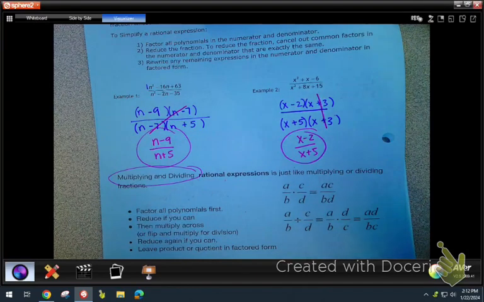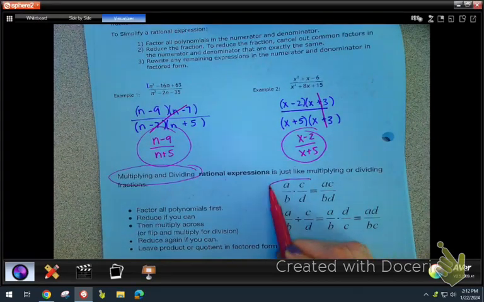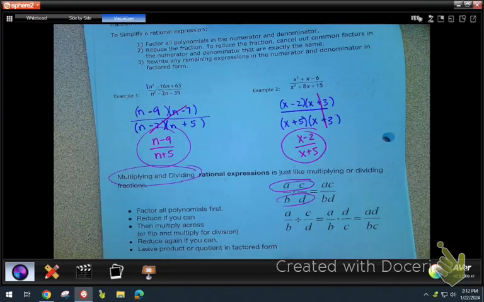But for today, what's nice about once you get it to a multiplication problem, all you do is you end up just multiplying everything in the top, putting that on the top, multiplying everything on the bottom, putting that on the bottom. The only thing that's different about dividing is that we don't divide fractions, so we do our keep, change, flip. Do y'all remember what that means?